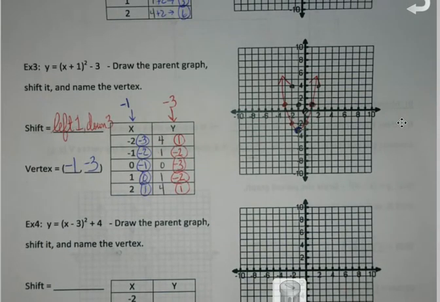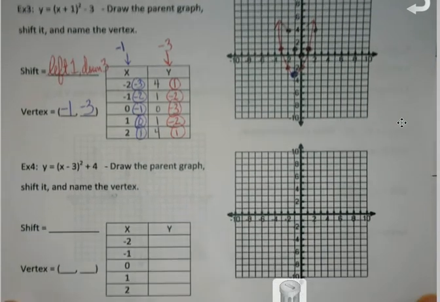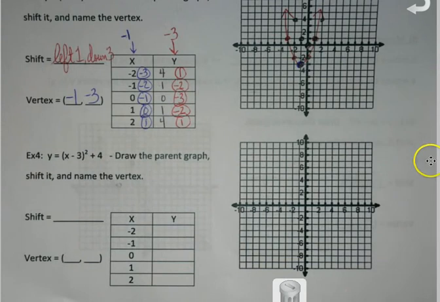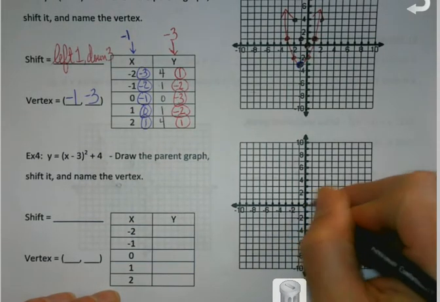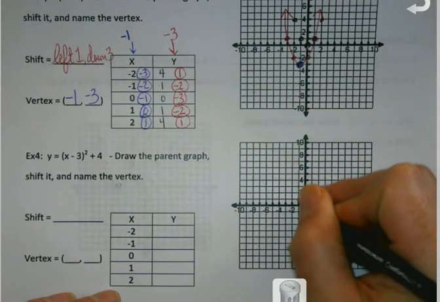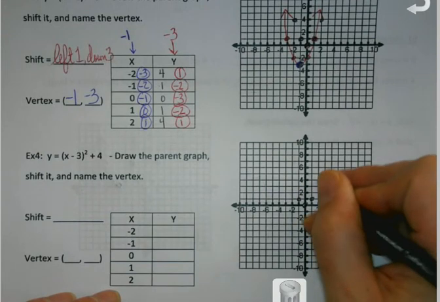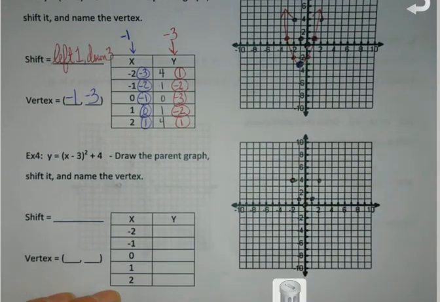So on this last one, with this type, we are just going to draw the graph. I'm not going to worry about this time. So I take a peek and I say, okay, parent graph. 0s, 1s, and 4s. All right.